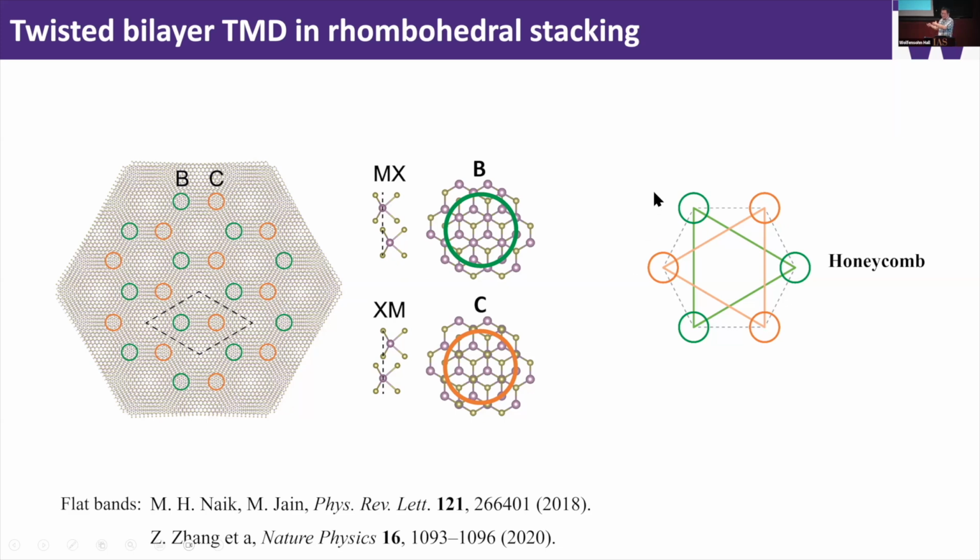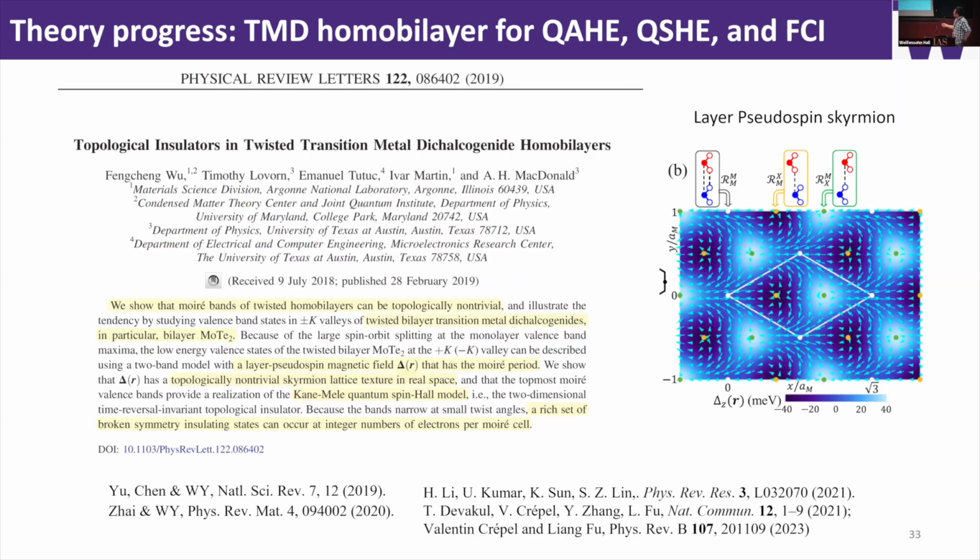Now it looks somewhat like the Kane-Mele model, right? And it was pointed out by Allan MacDonald that in these twisted MoTe2 bilayers, the top of the valence band is actually a flat band and also topological.